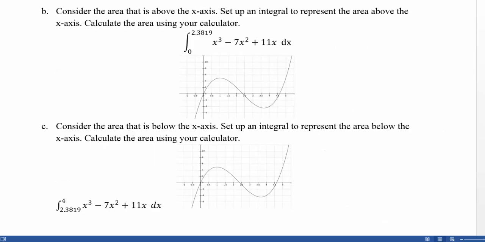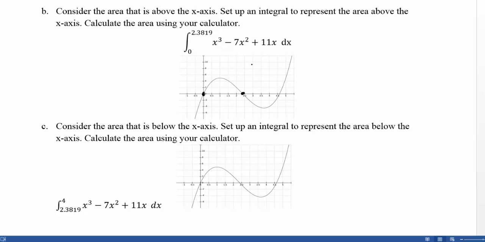Part B. Consider the area that is above the x-axis. Set up an integral to represent the area above the x-axis and calculate the area using your calculator. Notice that the area above the x-axis happens first. So it starts at 0 and goes all the way until the point where we cross through, which we solved to be 2.3819.